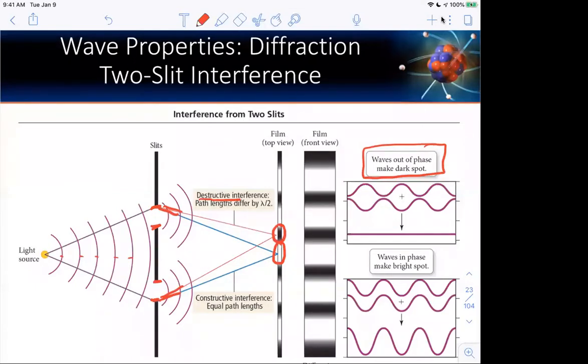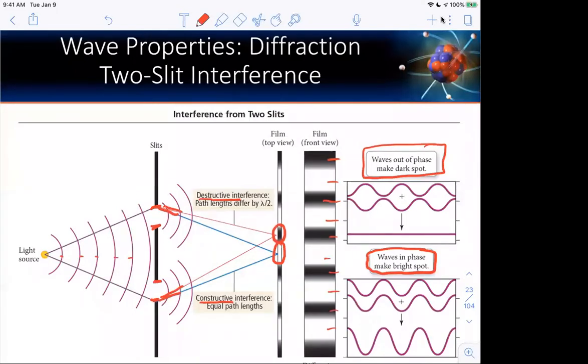The light spot is where I have constructive interference happening, right? The waves are additive. They're in phase and they make this bright spot. So what I get is dark, light, dark, light, dark, light.